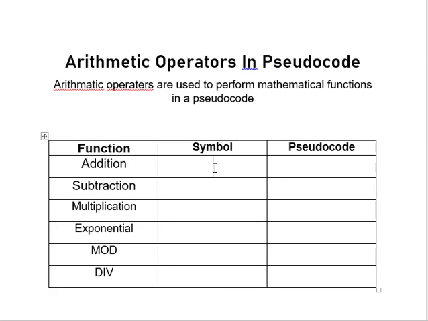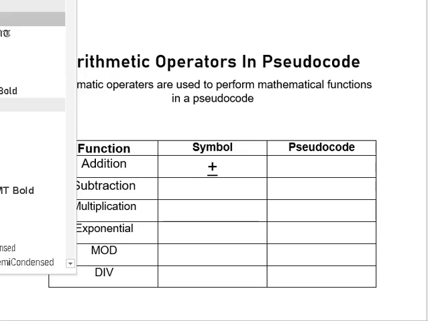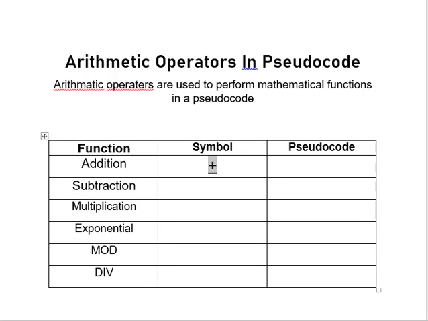So first off, we have addition. Like any other operation, addition is just a simple plus. You can see over here that addition is a simple plus. Like any other programming language that we are going to write in, it will be in the same format.